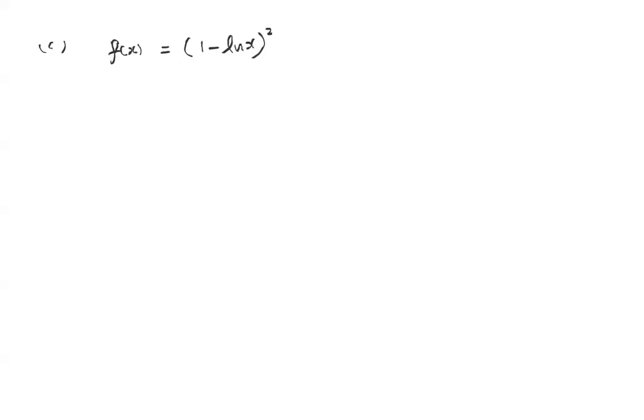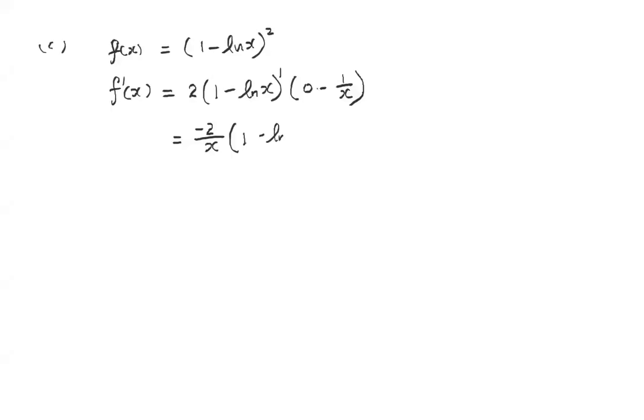So I get my slope function first by using the chain rule. 2, 1 plus, sorry, should be 1 minus ln x, copy down the whole thing, power take away 1, rate of change of 1 is 0, rate of change of ln x is 1 over x. So I will get -2 over x, 1 minus ln x.